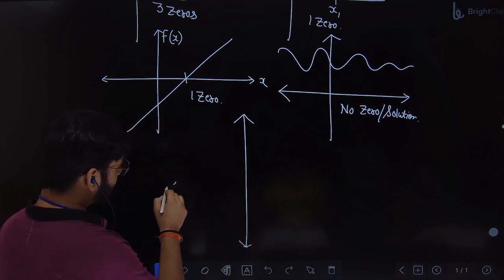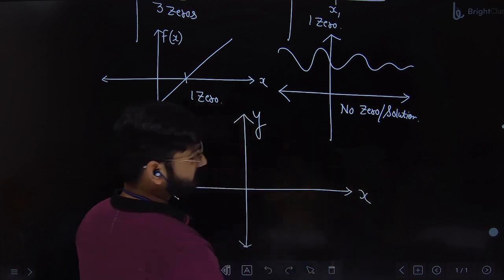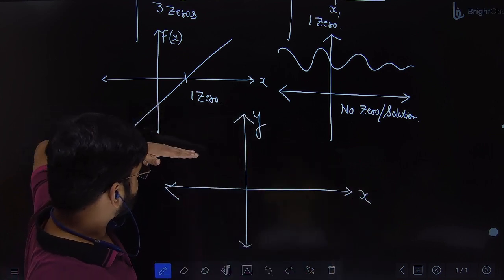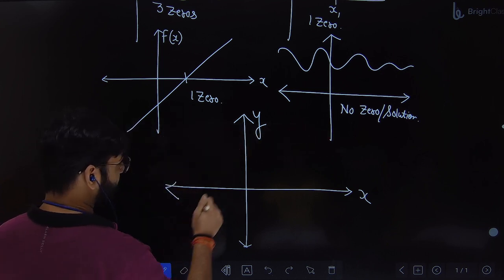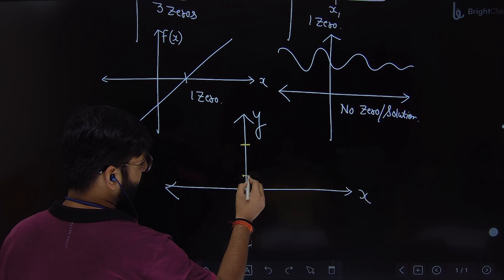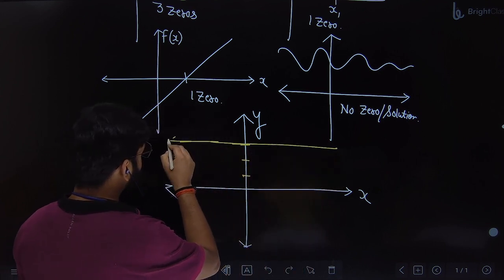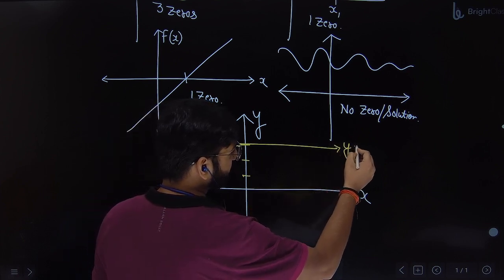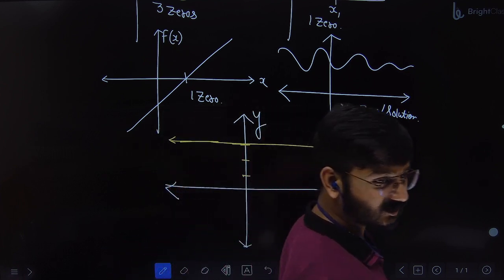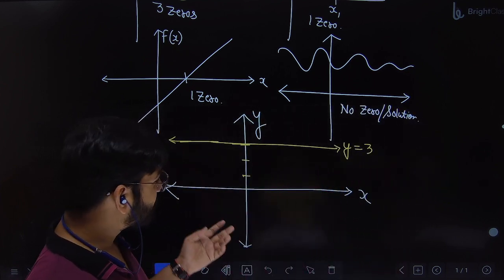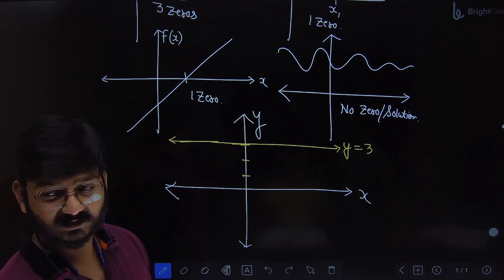So y equal to 3, if you plot, so y equal to 3 means constant. So it will be a line like this. Suppose this is 3. 1, 2, 3. So it will be a straight line. So this is y equal to 3. At how many points is it intersecting the x-axis? So how many solutions? What is difficult in this? I didn't see any one of you plotting. Plot it and check.